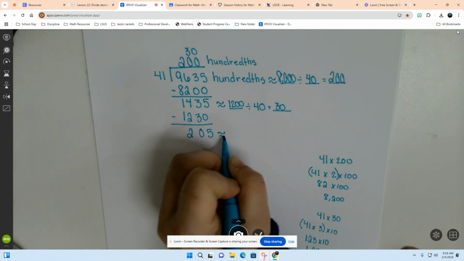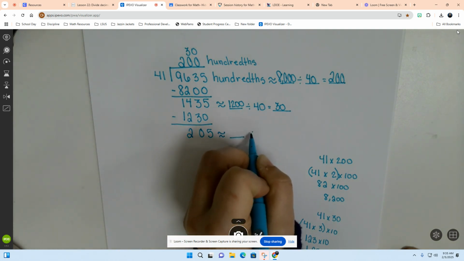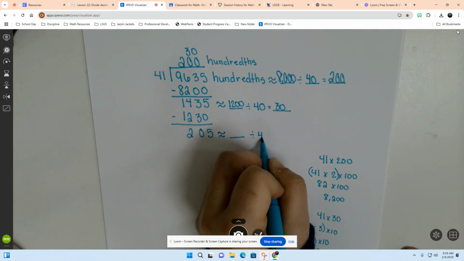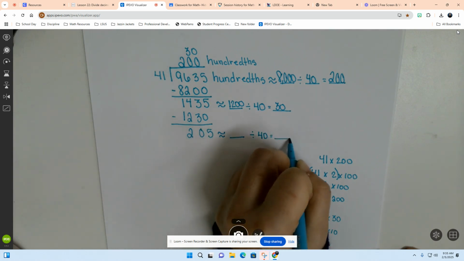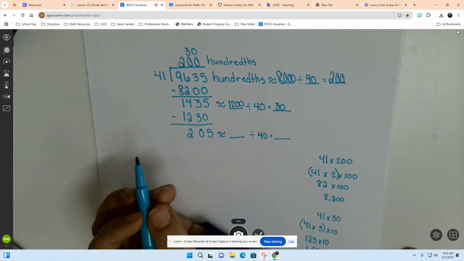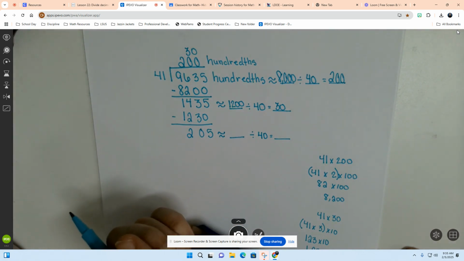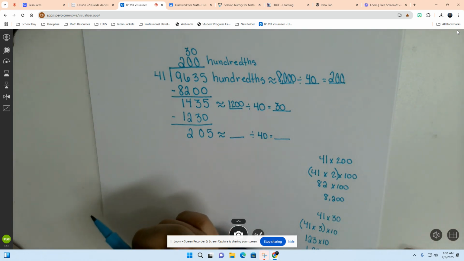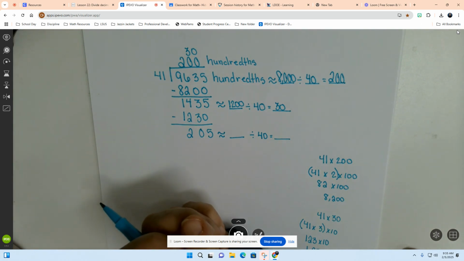Estimate again. Again, we're going to be dividing by 40. 200 divided by 40 equals 5. So why would you pick 200? Because why not 210, when you can make it easier and do 200?